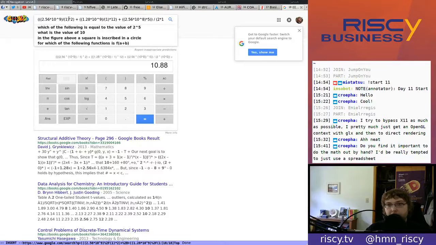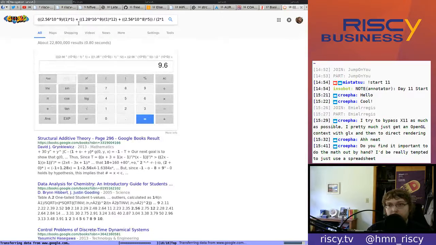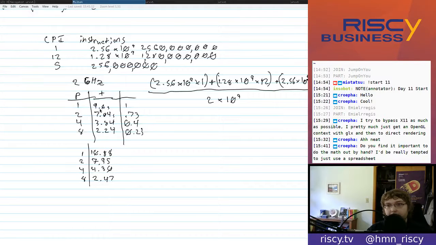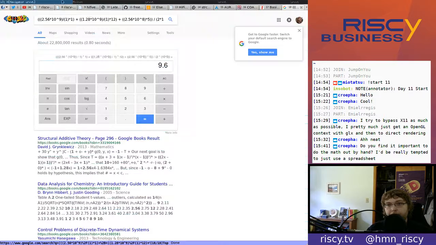But if we're using the original CPI values, this value right here needs to be 1. And there's the 9.6 that we see here. So we're saying if we want it to be equal to 3.84, how much do I need to lower this value right here?